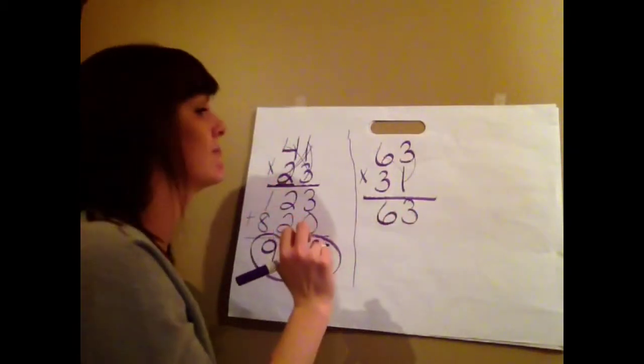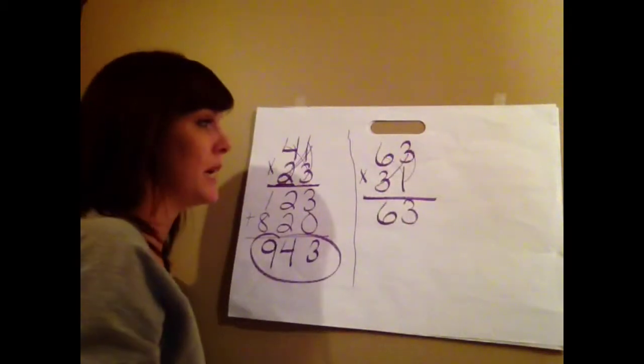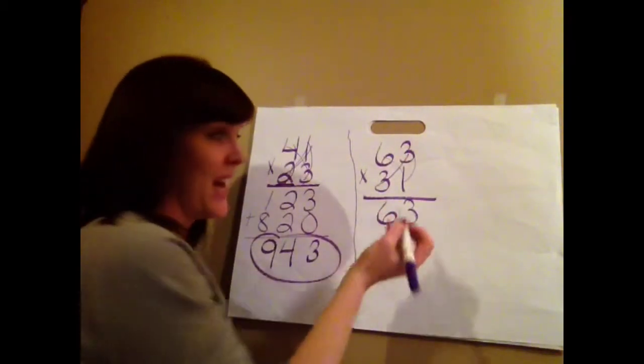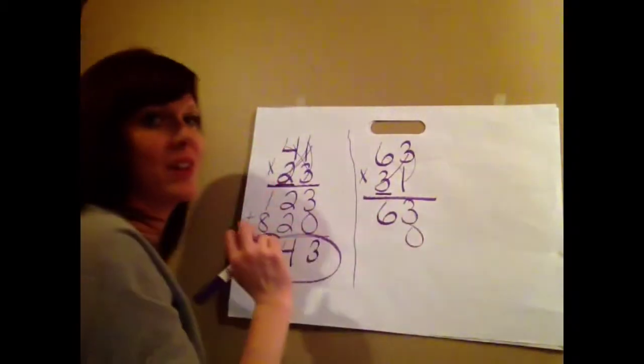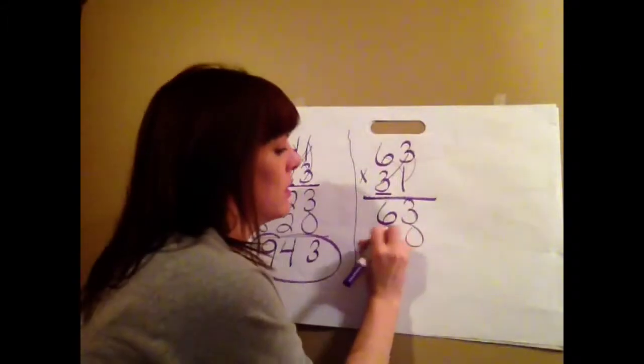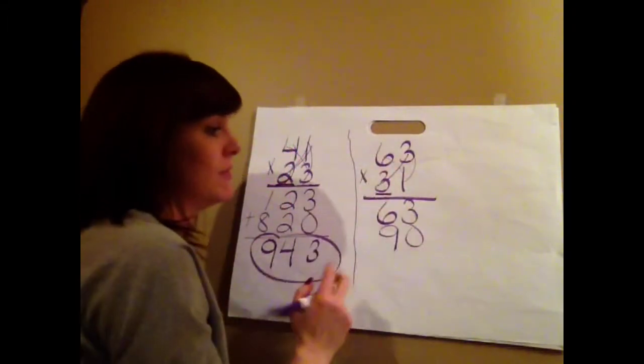That was easy. Now, 3 times 3 is 9, but it's in the tens place, so I have to bring down that 0. So 3 times 3 is 9. 3 times 6 is 18.